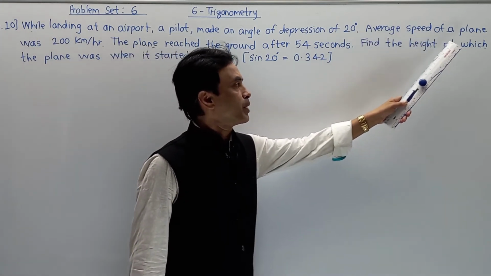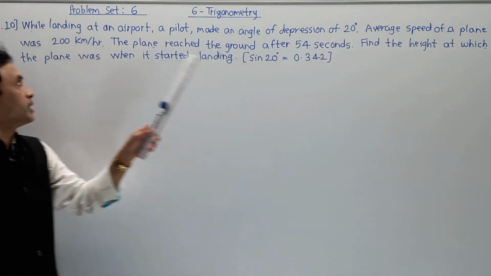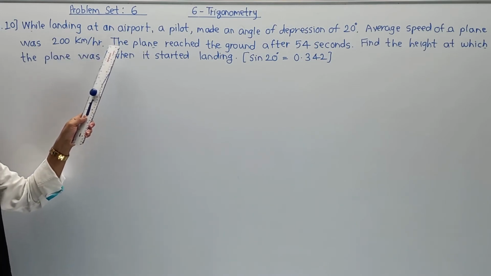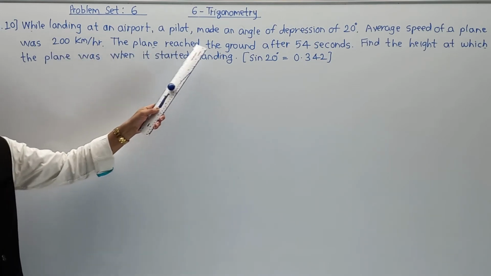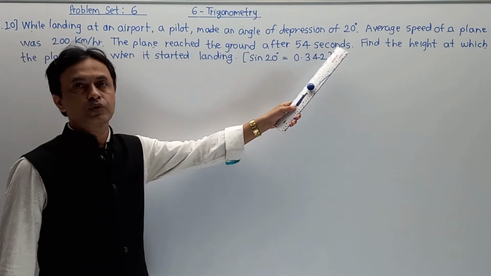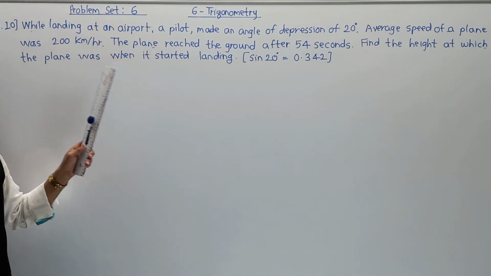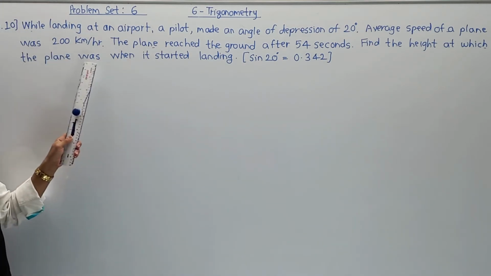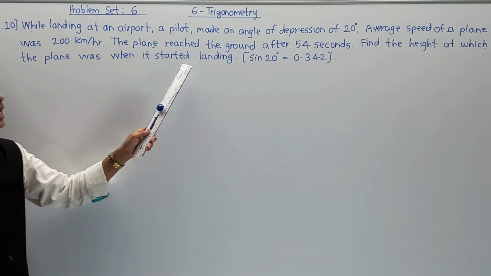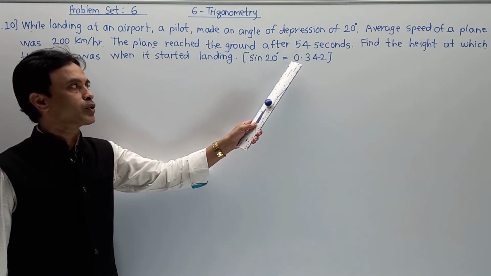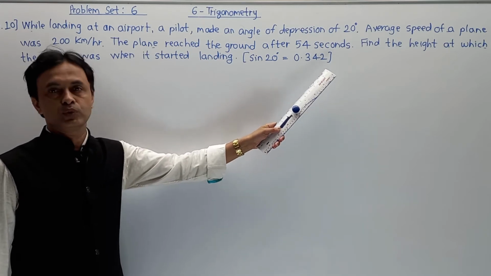The average speed of the plane was 200 km per hour. The plane reached the ground after 54 seconds. Find the height at which the plane was when it started landing, and the value of sine 20 degree is equal to 0.342.